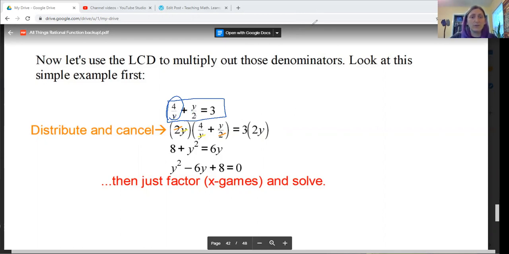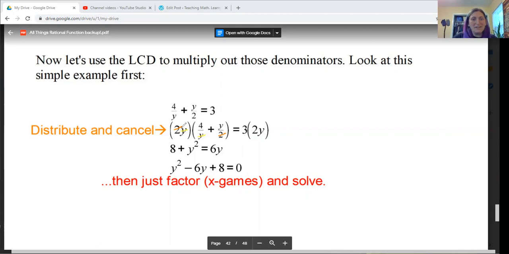So let's look. I didn't get rid of that, okay. You also could say, I know this is going to be 2y, so you multiply both sides of the equation by 2y. Okay, so here we've got 2y. Notice the different colors of canceling here.